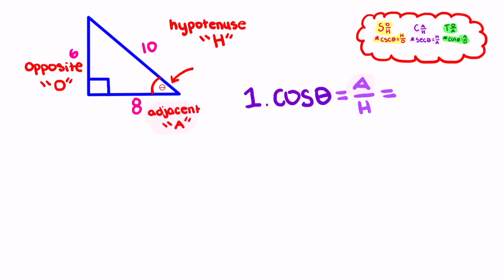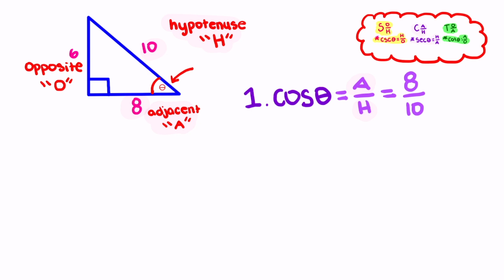As you can see, I'm also highlighting in the diagram. So we know A is 8 according to this triangle, and our H, which I also highlighted in a very light pink, so you may not be able to see that, is 10. So we have 8 over 10.